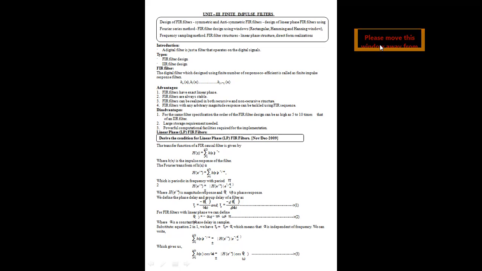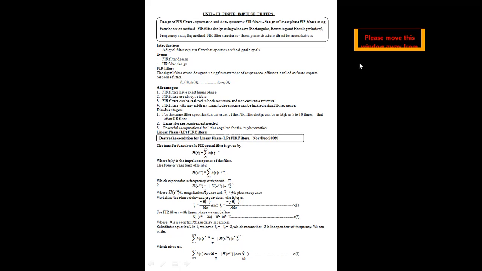Regarding the disadvantages, for the same filter specification, the order of the filter will be as high as 5 to 10 times that of IIR filters. It also requires large storage and powerful computation facilities for implementation. So these are the advantages and disadvantages of an FIR filter.